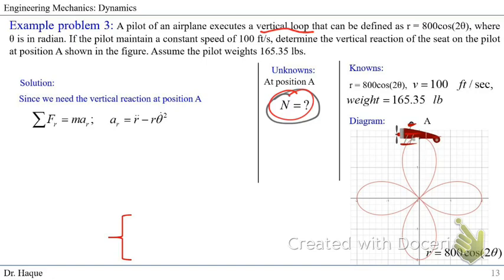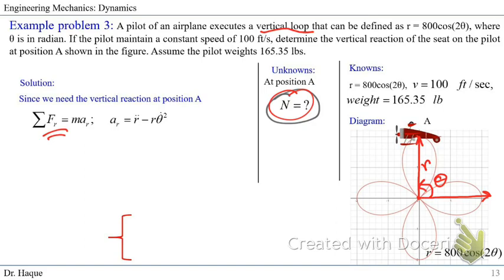First we're going to work with r, which is the radial distance of the plane from the center. So the summation of force in the r direction. This is the distance r, and then θ would be defined from here. This is the origin, so the angle is θ.